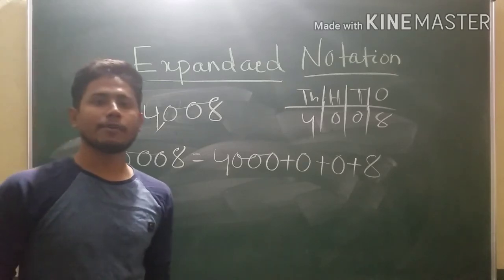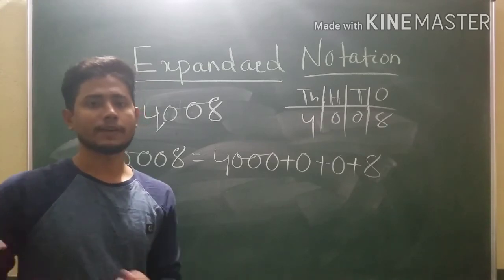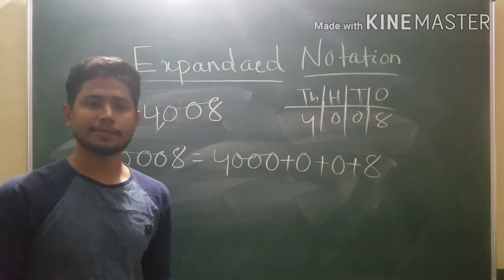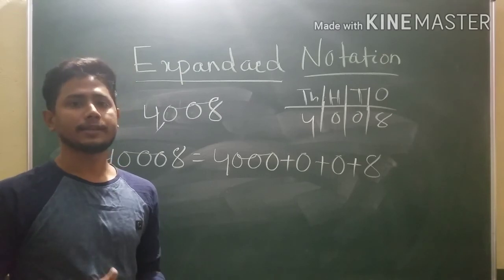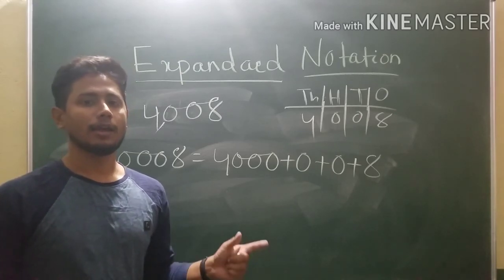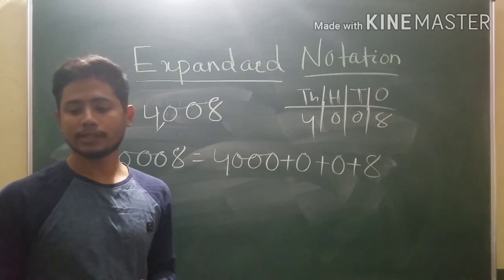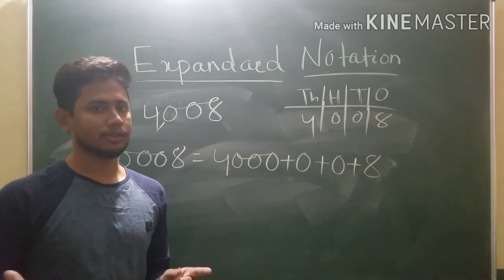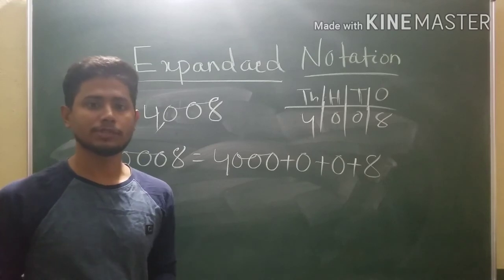So today we discussed place value, face value, then expanded notation. I think you understand it properly. I hope you can solve all these questions. So this is your homework. You can solve all these questions.